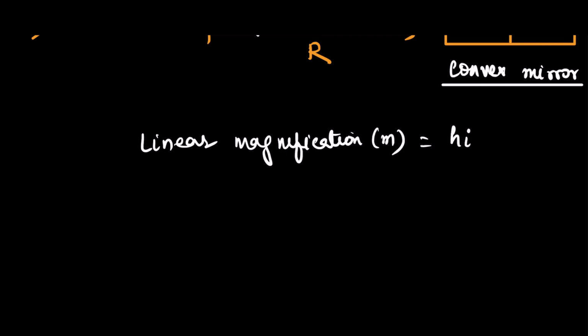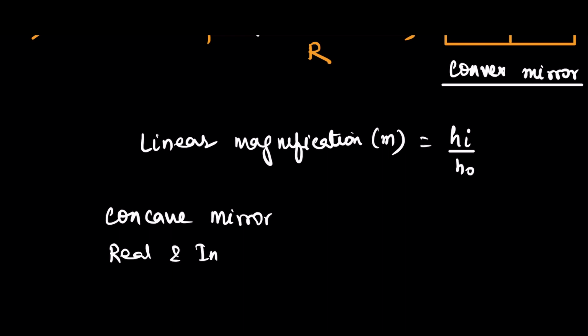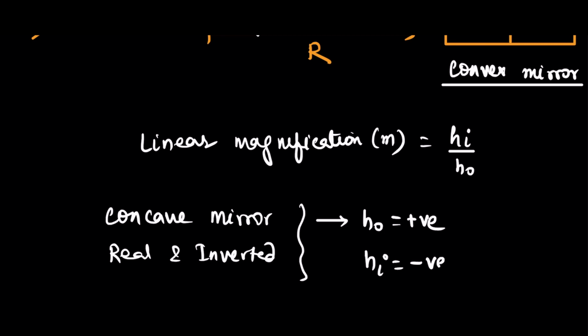Hi by HO. So if we are using a concave mirror and the image is real, then what will happen? Height of object will be positive and height of image will be negative.